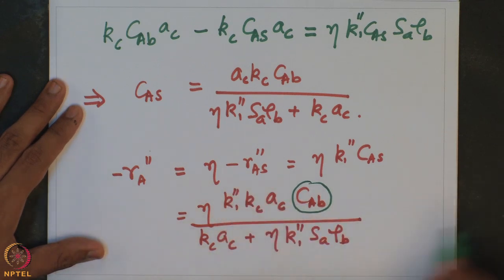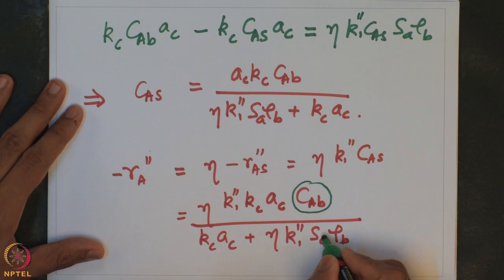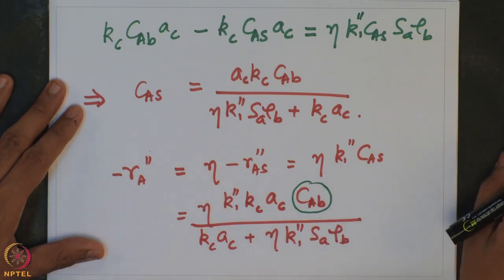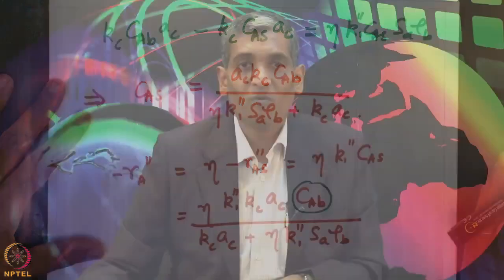K1 double prime is the intrinsic kinetics, Kc is the mass transport coefficient, A_c is the external surface area per unit volume of the catalyst, and S_A is the internal surface area per gram of the catalyst, and rho_B is the bulk density of the bed. So, once we know these quantities, we can find the overall rate at which the reaction happens in terms of the bulk concentration, which is an observable quantity that can be measured when the reactor is run.